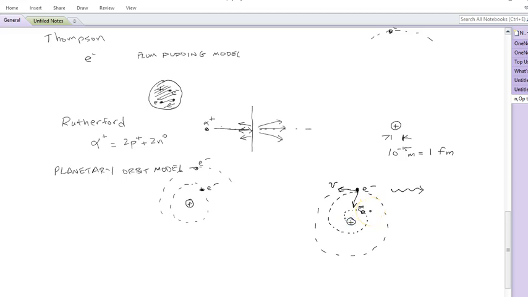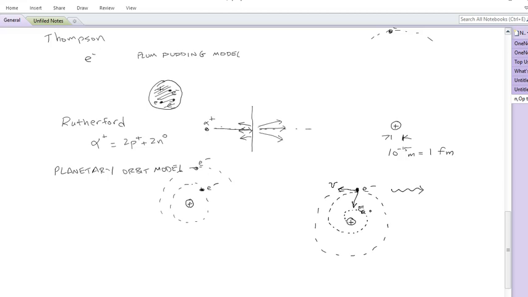Just like if a satellite starts to slow down, it's going to get pulled to the Earth via gravity. So this is a problem. A couple problems again. First of all, how does an atom even emit light without the electrons spiraling into the nucleus? Second, why are there only certain frequencies or wavelengths that are emitted?